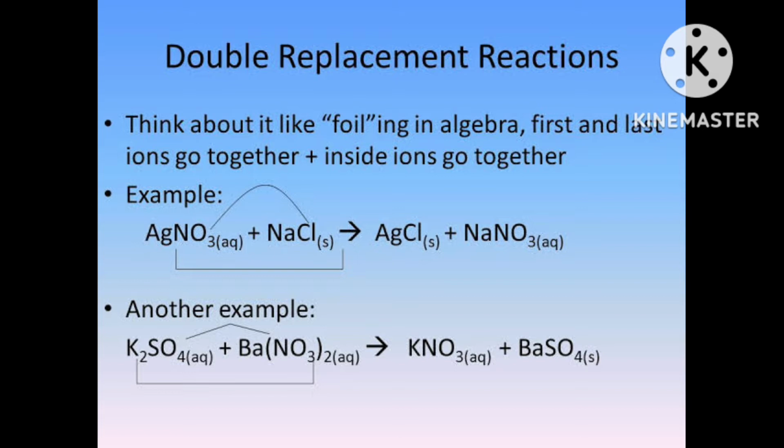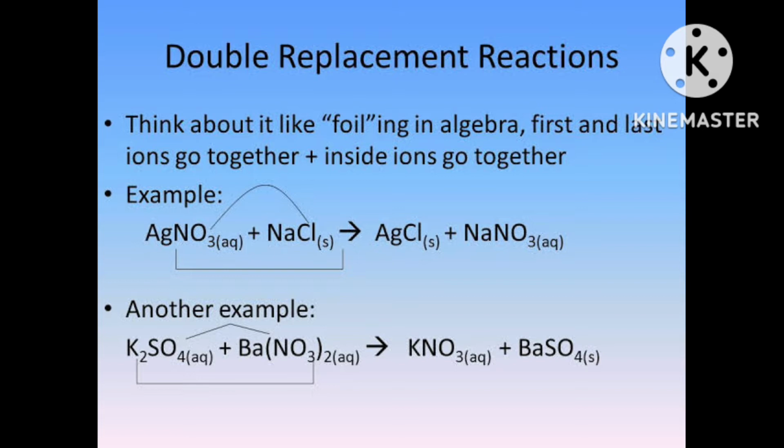Here magnesium will be in the plus 2 state, oxygen minus 2 and hydrogen plus 1, and it will remove H2 gas. H2 will have 0 oxidation state. Here also hydrogen is going to be replaced.